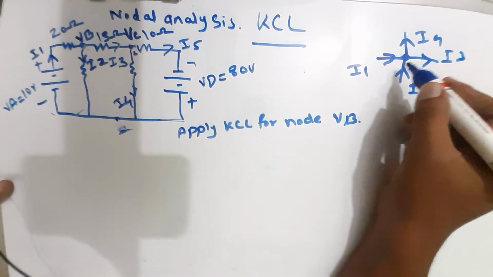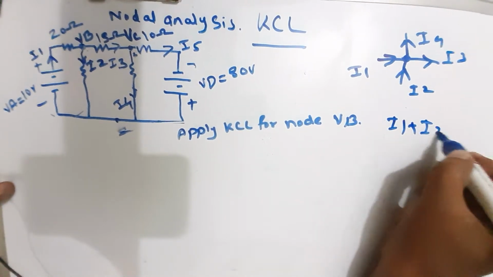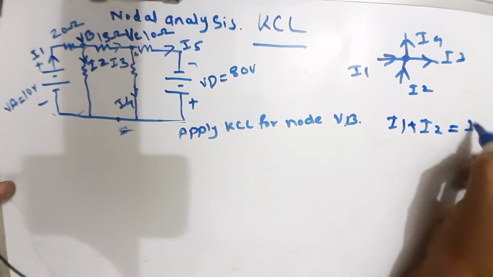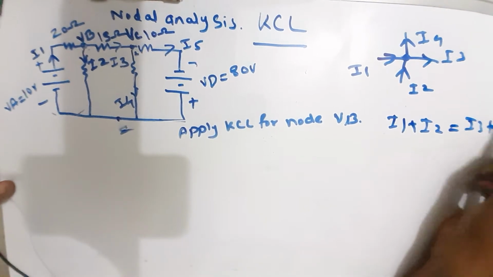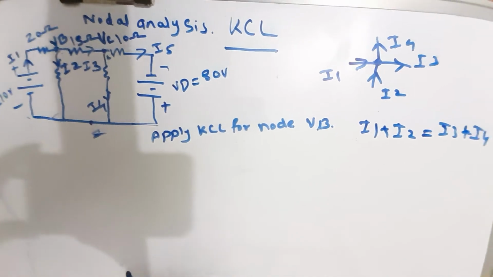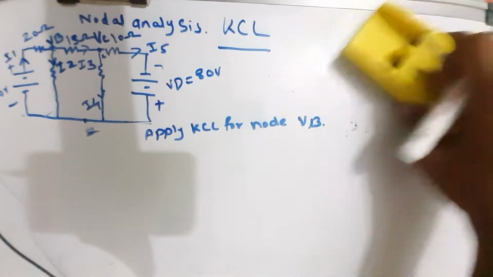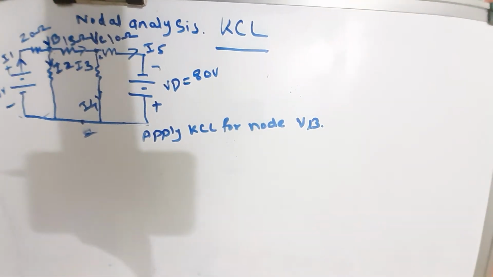The entering currents to the node are I1 and I2, so I1 plus I2 must be equal to I3 plus I4. Two currents are entering and two currents are leaving. So this is KCL. We'll start from here.